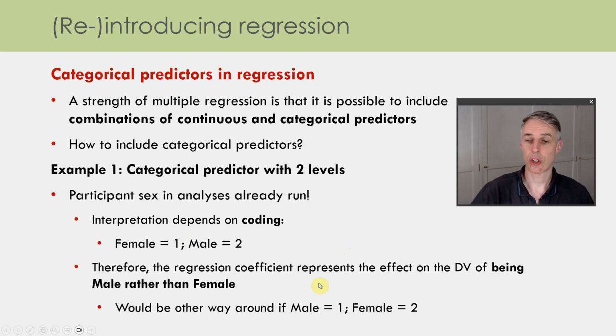The regression coefficient represents the effect on the dependent variable of being male rather than female, of being in the second category compared to the first category. Okay. If we coded it the other way around, if for example male was coded as 1, female coded as 2, then the coefficient would represent the effect of being female rather than male.